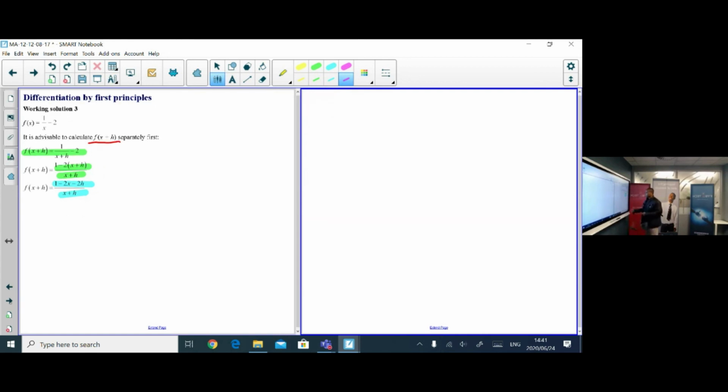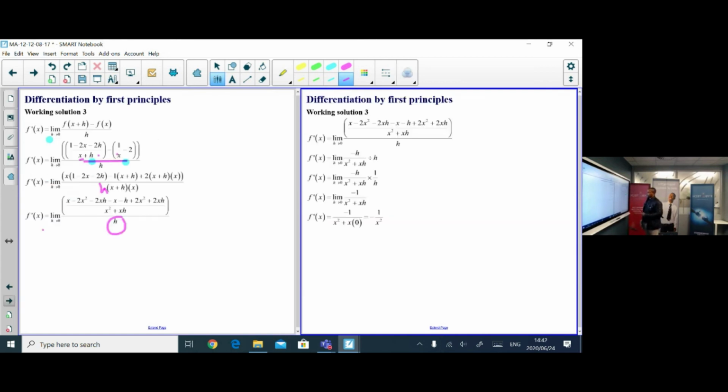And you can simplify this to make it look a bit nicer by simply simplifying things together. You see your h is now part of this denominator, and then on top you had just minus h.